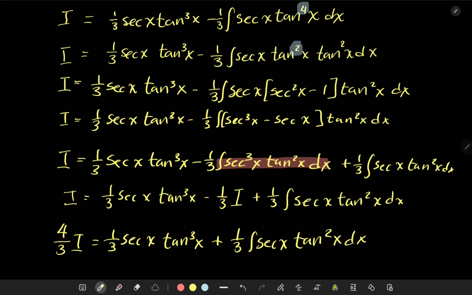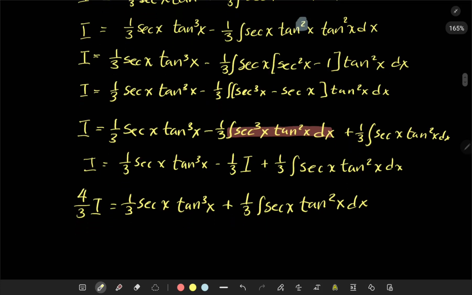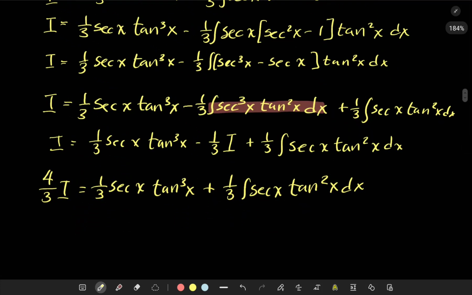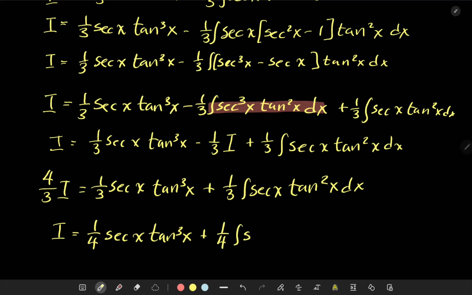So now you see what I can do is multiply times the reciprocal of 4/3 on both sides, which is 3/4. And what's going to happen is 3/4 times 1/3 is 1/4. So I is just equal to 1/4 of the secant of x tangent cubed of x plus 1/4, again, the integral of the secant x times tangent squared of x dx.